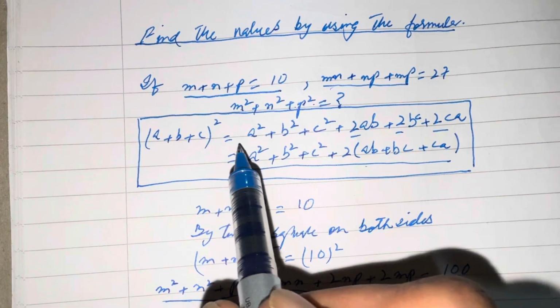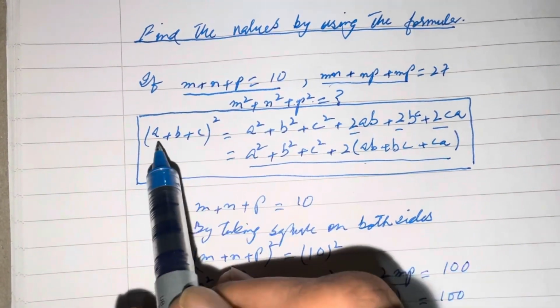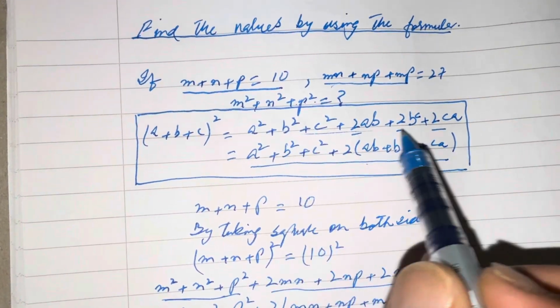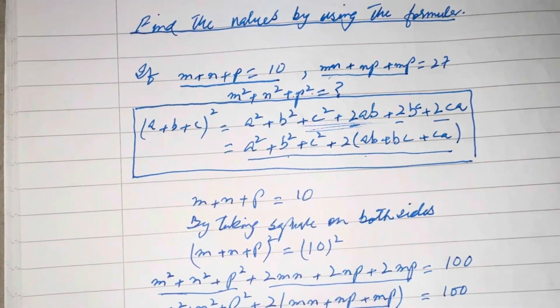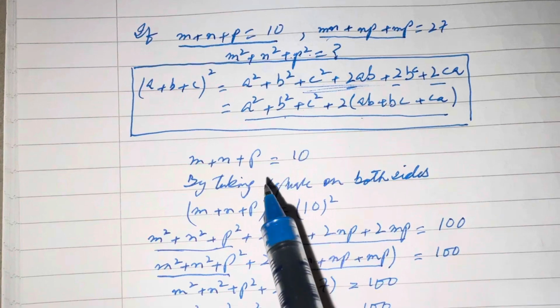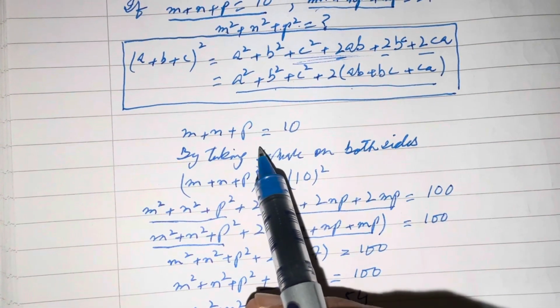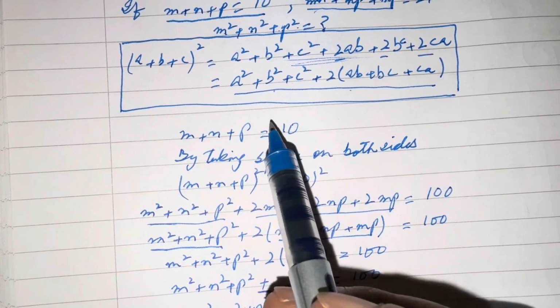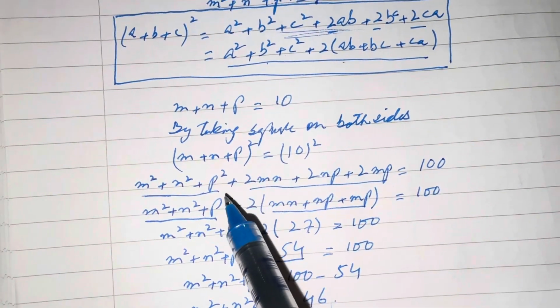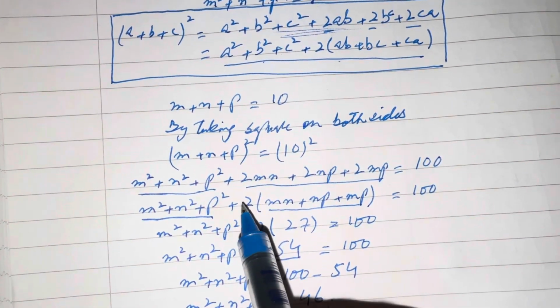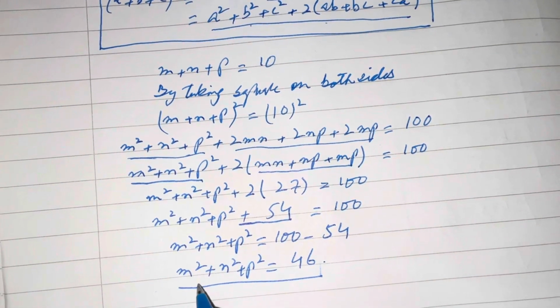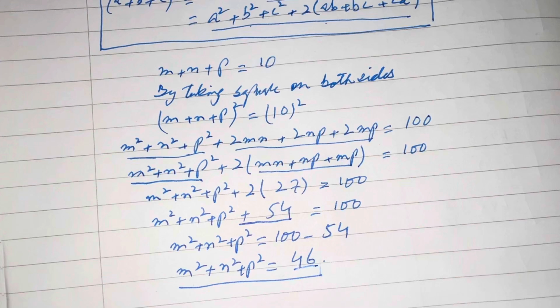We have used the formula that a plus b plus c whole square will be equal to the expansion. The same formula we have put in the conditions given in the question. Then we simplified the question, and at the end we have the answer of 46.